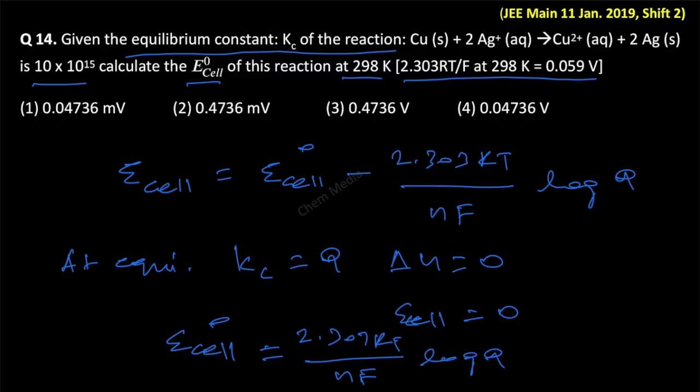log Q. Here copper is becoming copper 2 plus, that means oxidation. Ag plus is becoming Ag, that means reduction. Therefore, at the anode, because whatever be the cell, it is always anodic oxidation and cathodic reduction.